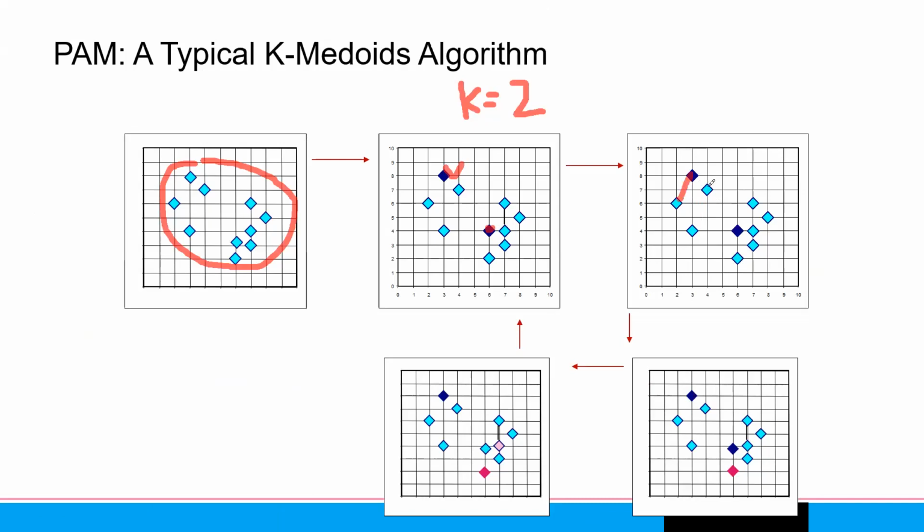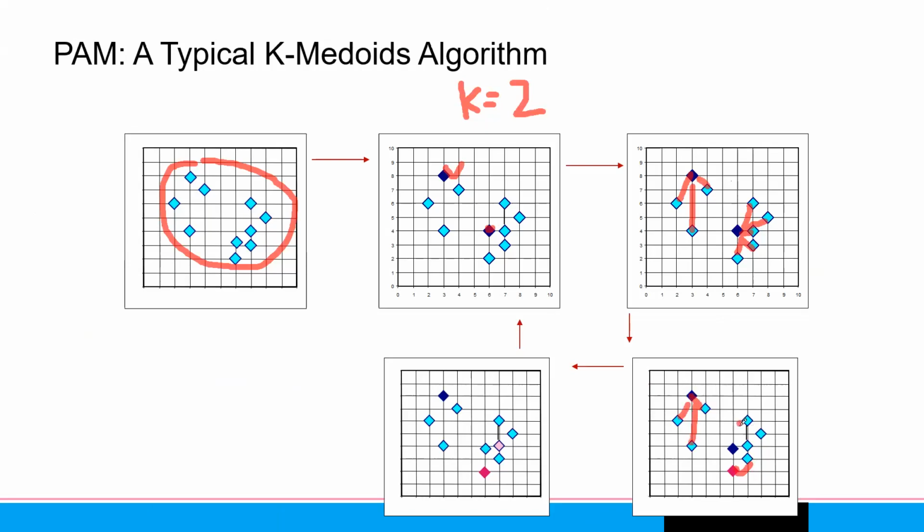Okay, we calculate the distance, and then we can check whether it is already good enough for the error or not, and then we can select another object. So let's say we choose this object, and then again we will measure the distance.